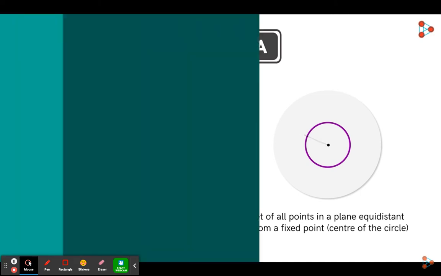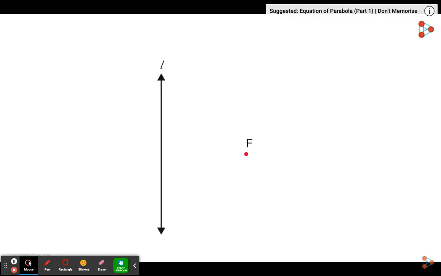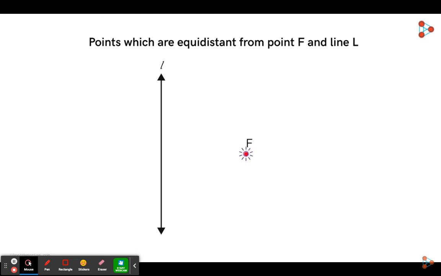Let us see how. Let's take a point on a plane and name it as point F. Also, let's take a straight line and name it L. Now, please listen carefully to what I'm going to say next. We will now consider points which are at an equal distance from point F and the line L. Are there any such points on this plane? Yes, consider this point P1.